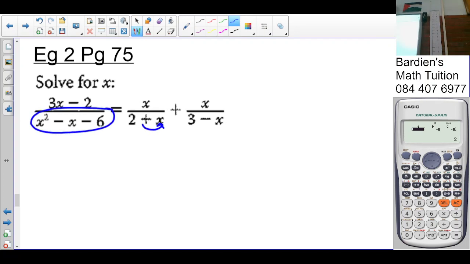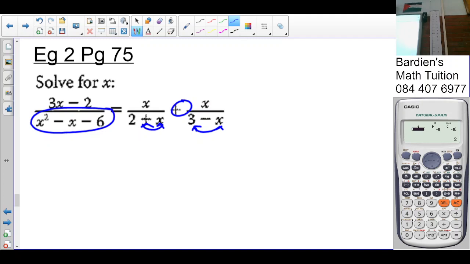Because I can swap around. Will it make a sign change? No. Do I need to swap around? Will it make a sign change? Yes. Why? So it's a negative between it. That negative times that positive will be a negative. So do that quickly.